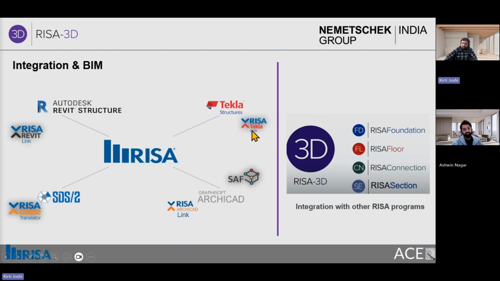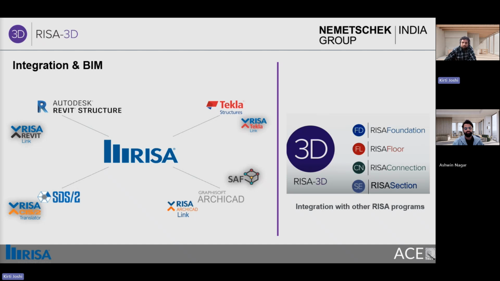All the integrations you can see on the screen are achieved through the links that come with RISA 3D. For example, engineers can work with the architect by transferring the models from Revit using the RISA Revit integration, and also by using the Tekla Structures integration.